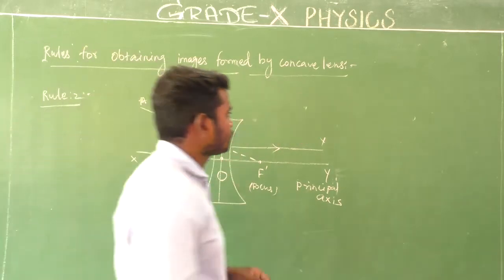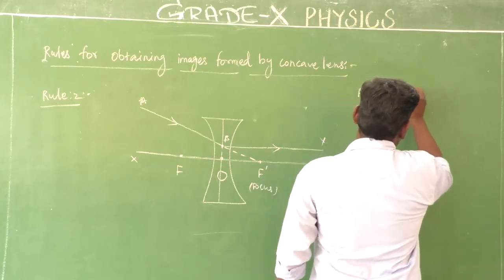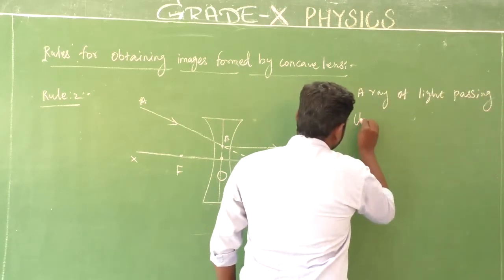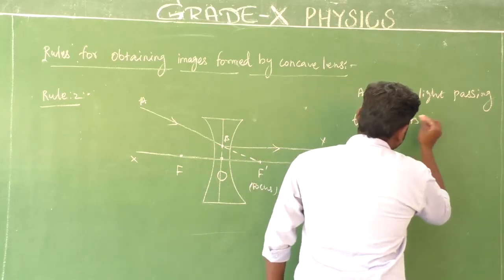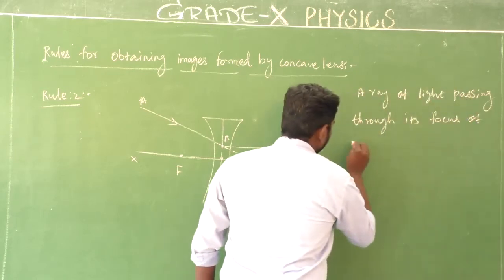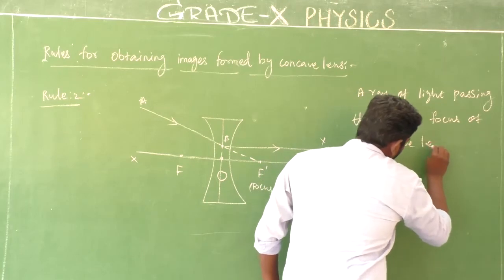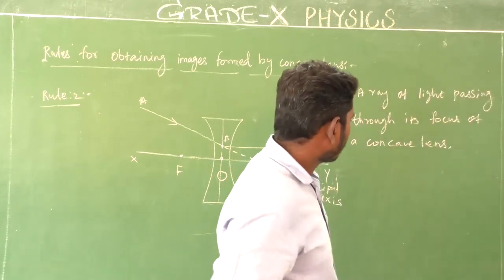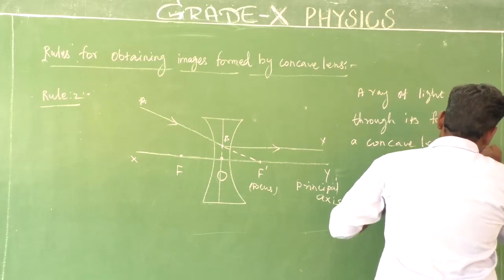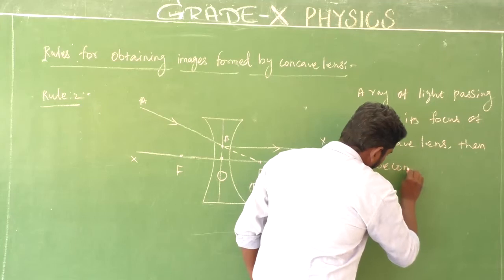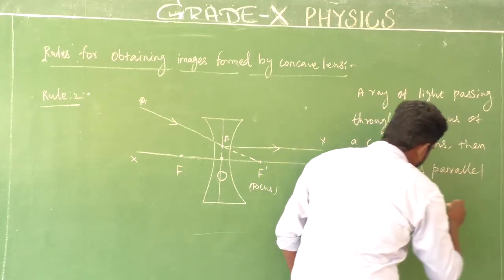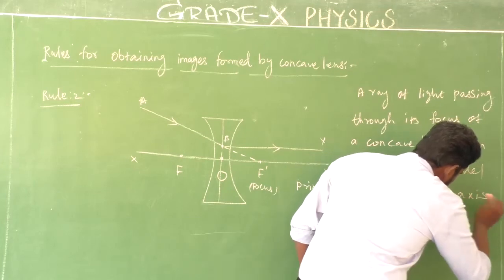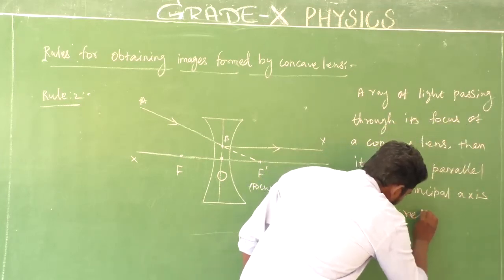I'll write here. A ray of light passing towards the focus of a concave lens then becomes parallel to the principal axis after refraction through it.